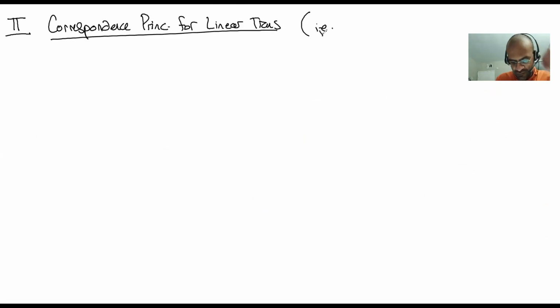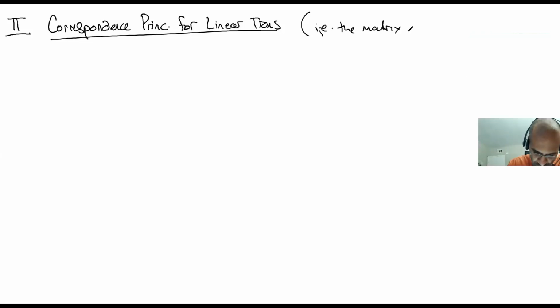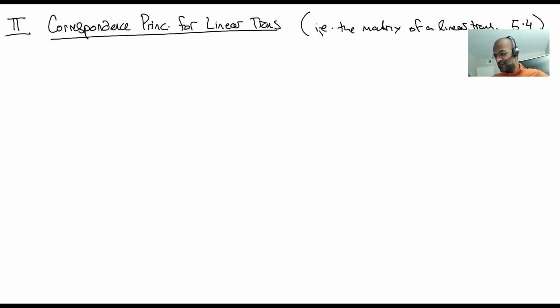This is just a fancy name for the matrix of a linear transformation, but in more generality. And in the book, this is in section 5.4. I don't like the way the book is organized for this material, so it may appear that I'm jumping around, but I think this is a better way to present it.